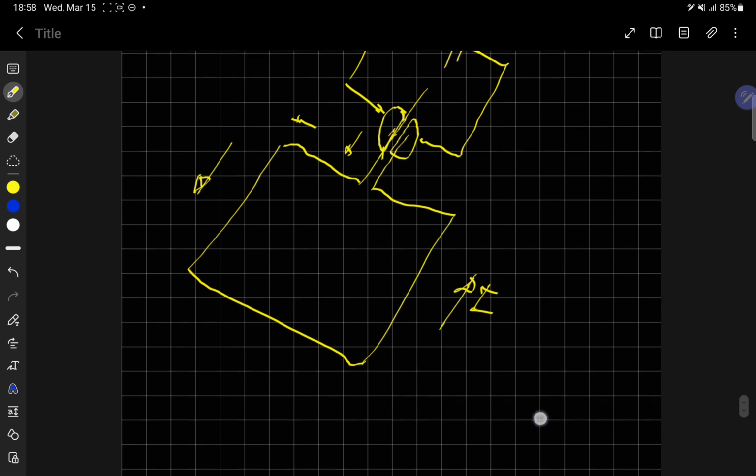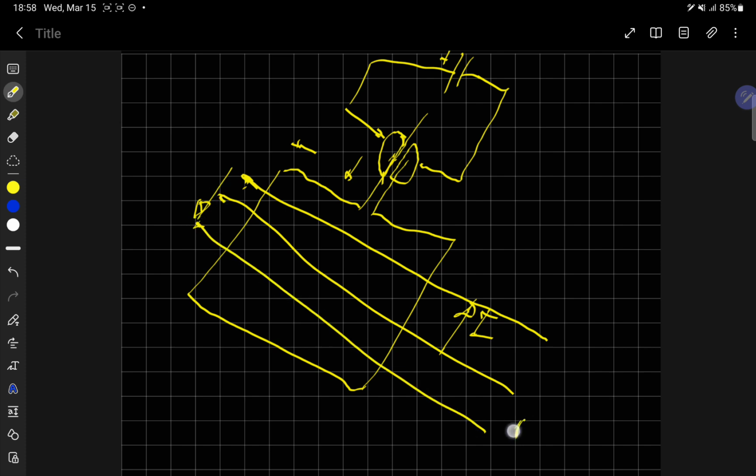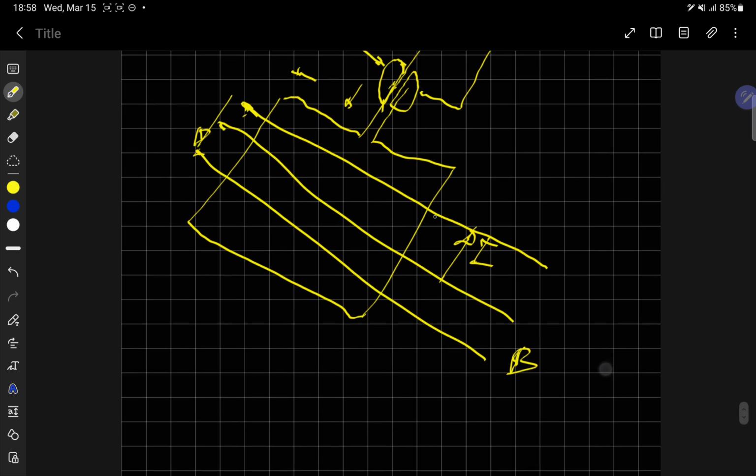Of course, this wire is in a constant magnetic field B, and the current goes in this direction.